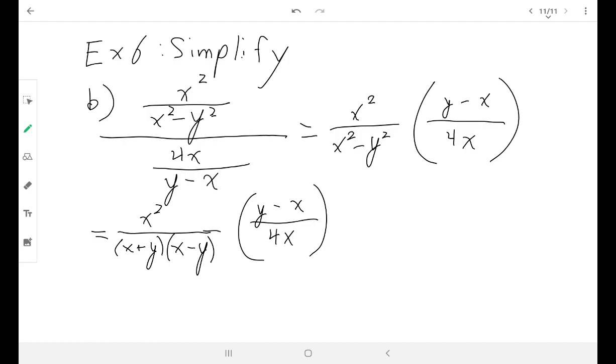Now, how are we going to deal with all this? Well, I can cancel this x with one of those x's, so that's pretty easy. So I have x there now instead of x squared, times, now over here I have plus a negative x.